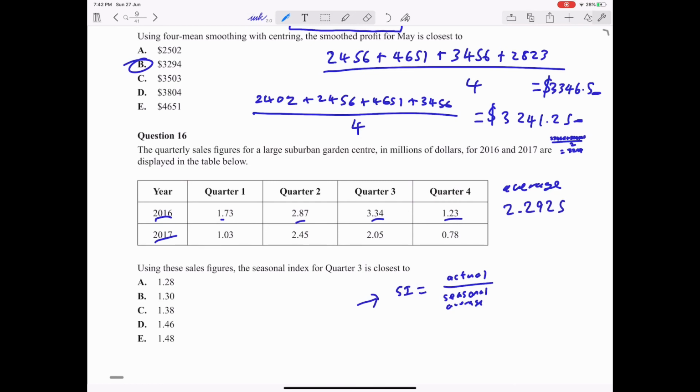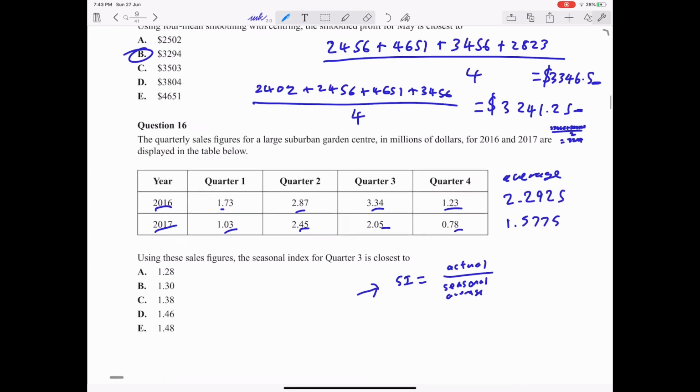The seasonal average for 2017 would be found using the same method. So you add quarter 1, quarter 2, quarter 3, and quarter 4, and you divide that by 4. If you do that in your calculator, you'll get 1.5775 as your seasonal average in millions of dollars.